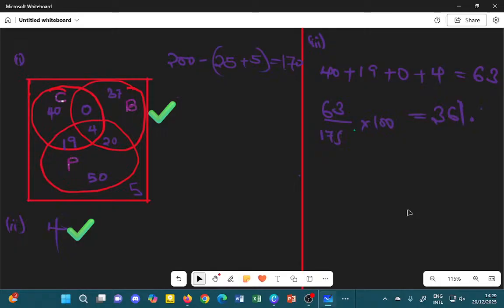Proportion number 4 requires me to get the proportion of persons that like the brand name.